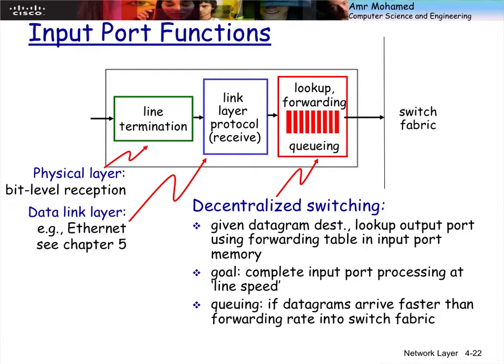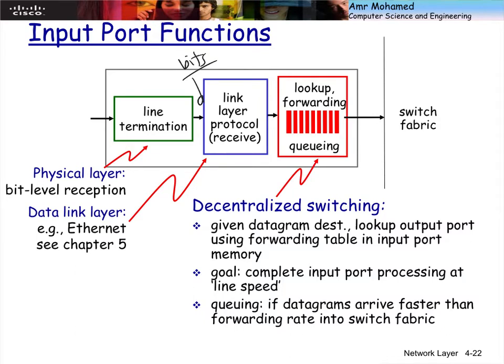So we'll see the line termination. This is basically the physical layer. And here in the physical layer is where all the channel estimation, the conversion from analog signals to digital bits and so on happens. So this deals with the physical medium, and what I get here is a set of digital bits, zeros and ones.